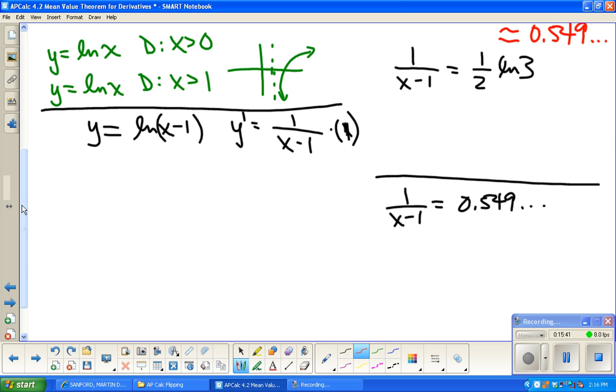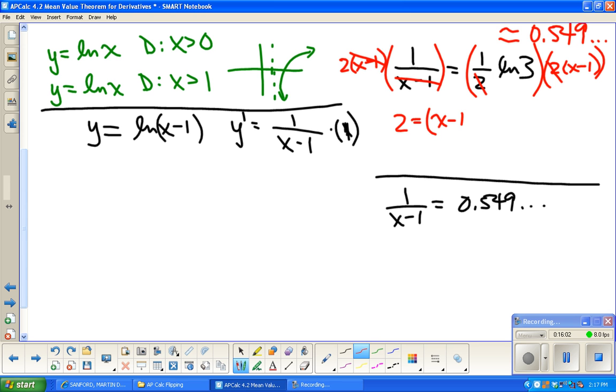Okay, so I'm going to multiply both sides by a common denominator, which would be 2 times x minus 1. The goal here is I just don't want fractions. So 2 equals, those 2's divide out, these x minus 1's divide out, so this becomes x minus 1 times the natural log of 3.